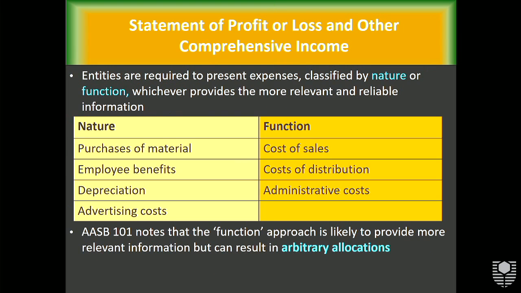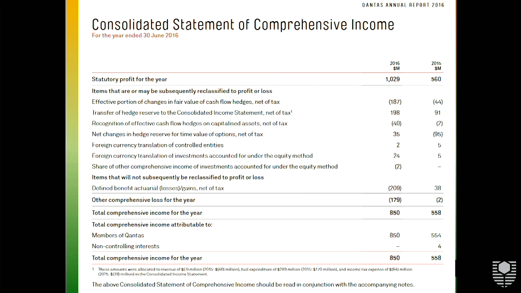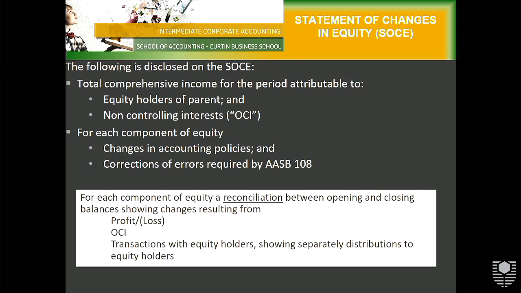As I said before, with your expenses, you can classify by nature or by function. When you're doing it by function, it does have limitations in that they are potentially arbitrary allocations. So there's a basic income statement, just as a reminder. Here's a statement of equity.